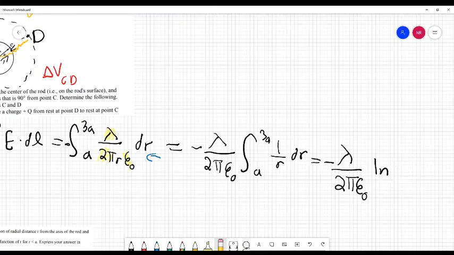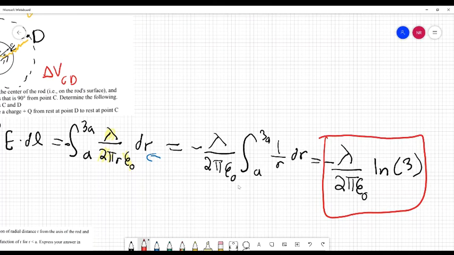So that just becomes times ln of 3. So that is what the change in potential from points C to D would be.